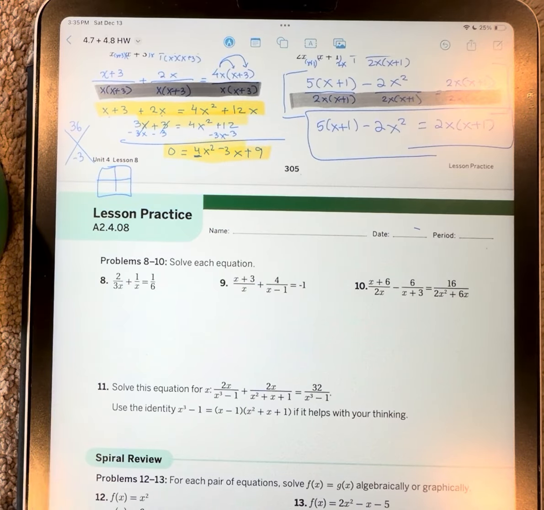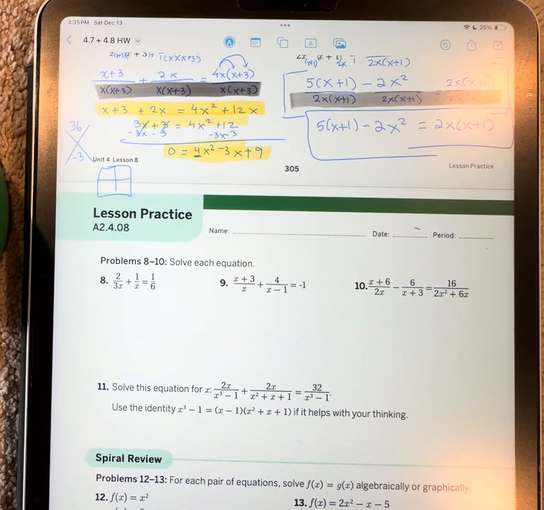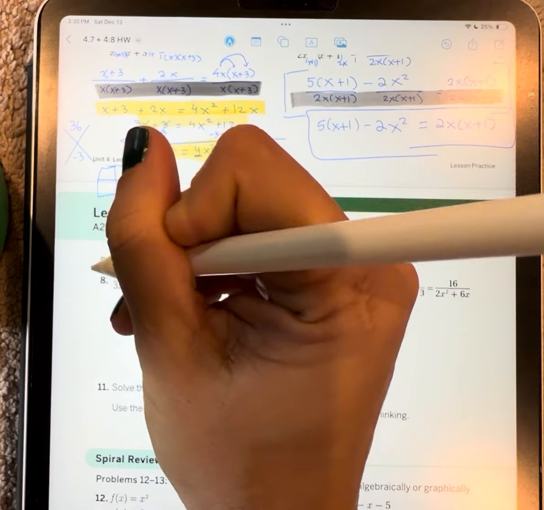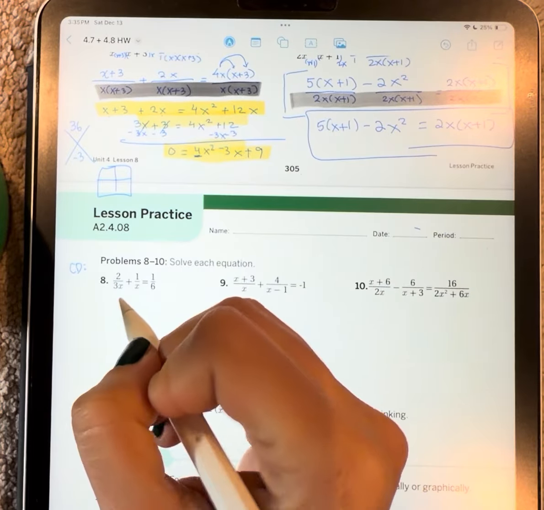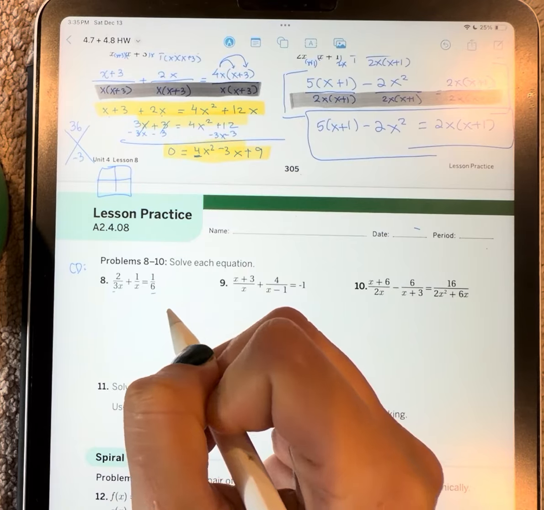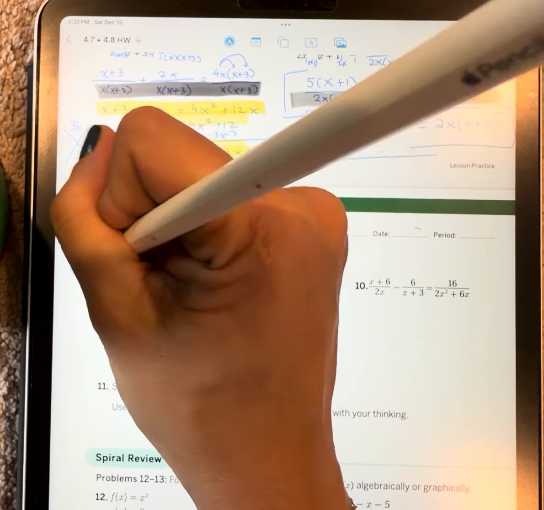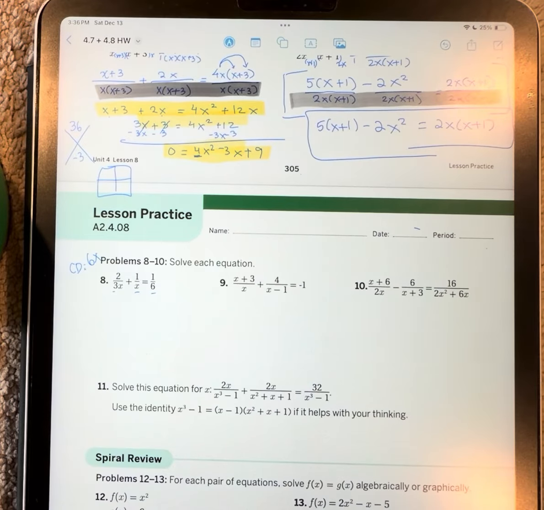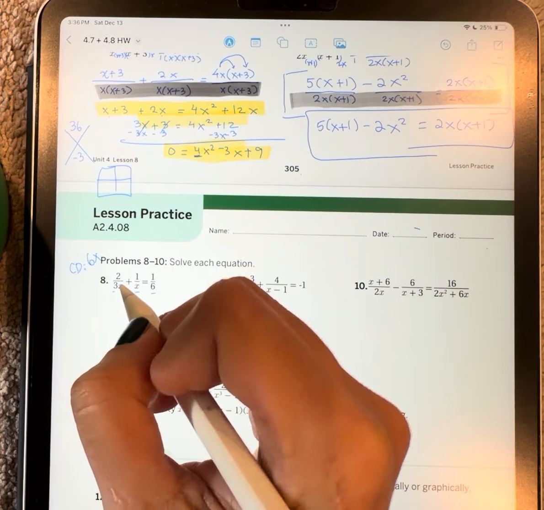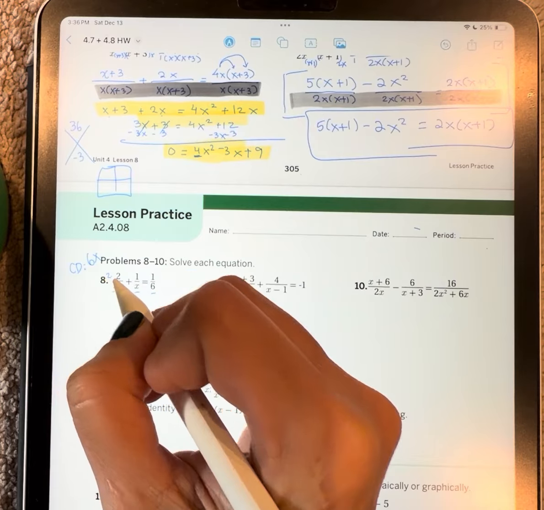Okay, now they want me to solve. So sure, I'll do it. Okay, common denominator between 3 and 6 and the x's situation, it's going to be a 6x, okay? So I gotta multiply this first fraction just by 2 top and bottom.